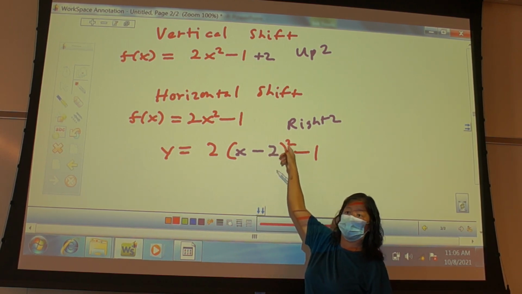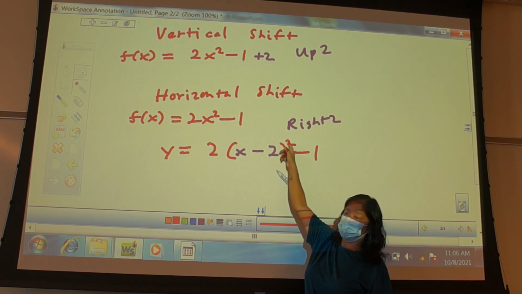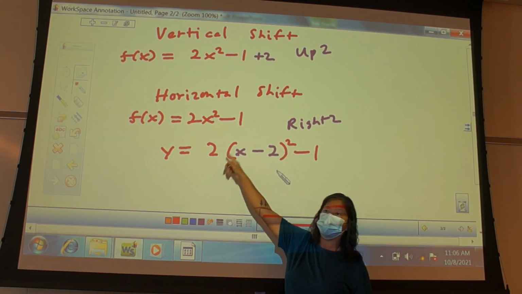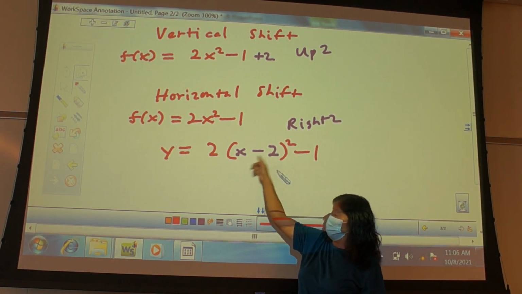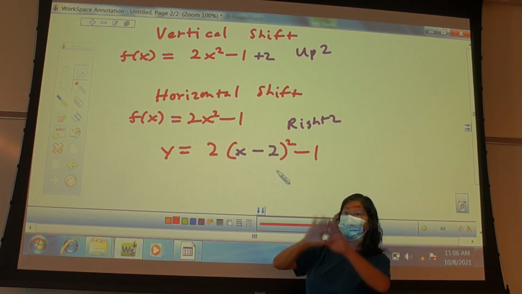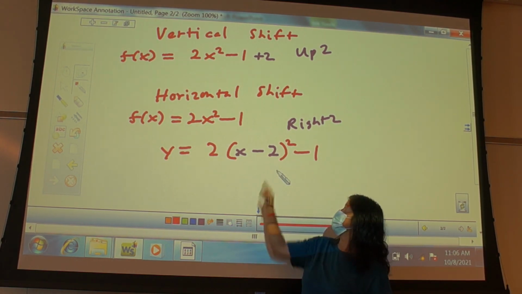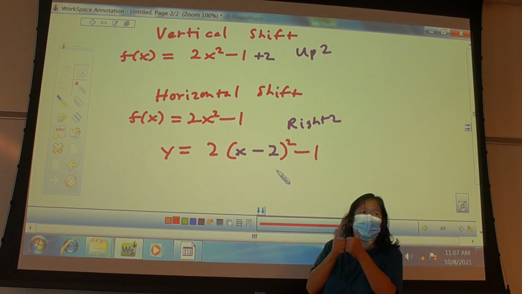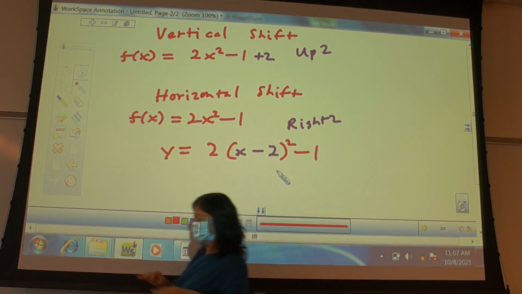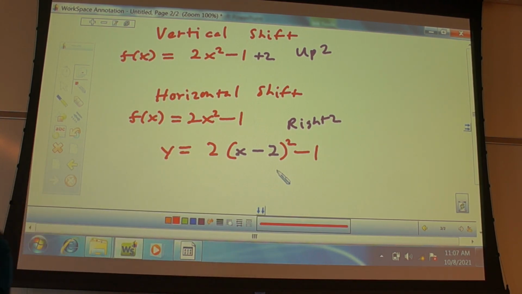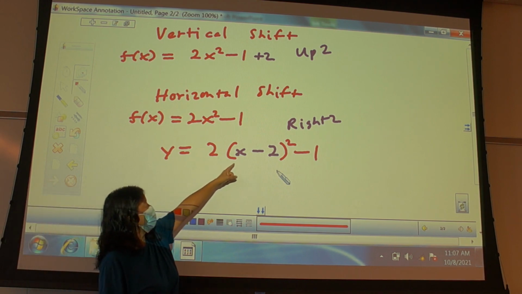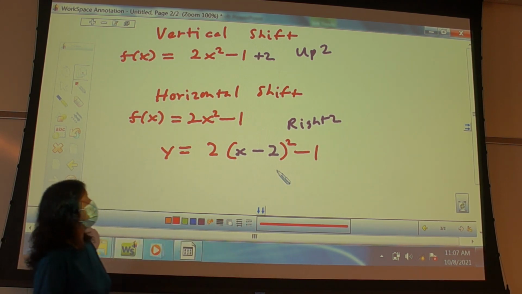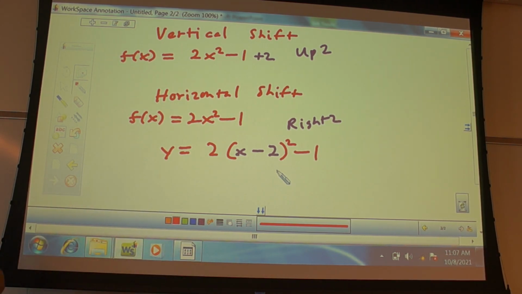You can't go inside if there's a number up here, whether it's a fraction or a whole number. You'd have to figure out what this is first, and we're not going to go there. So we'll just leave it as is. We'll keep it simple in this class. We're giving you just the basics of algebra, and we're not going to go to that depth. Okay, everybody all right with that part? Okay.